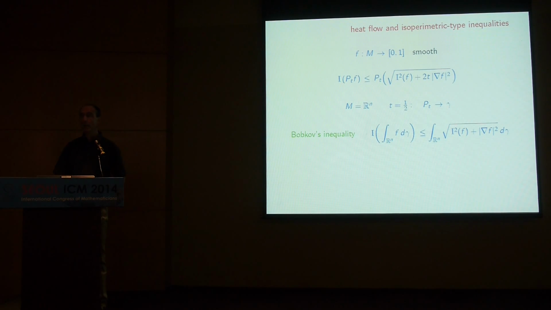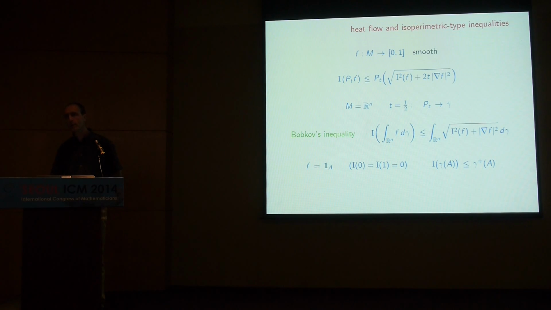And now in this inequality, you simply plug an indicator function. And due to the fact that the isoperimetric profile at 0 and 1 is 0, this quantity is 0. On the left, you get I of the Gaussian measure. And on the right, you are left with the L1 norm of the gradient of f, which approximates the Gaussian surface measure of A, and you get the Gaussian isoperimetric inequality.